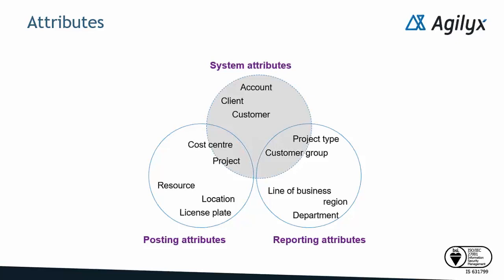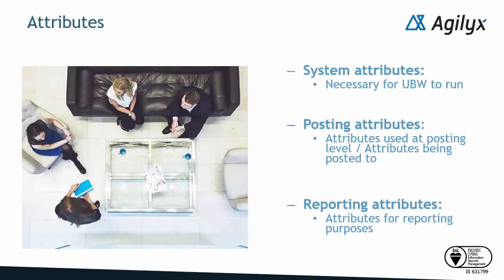So these overlap between each other. System attributes are necessary for the application to run. Posting attributes are something that you use at the transactional level, in the posting string, and reporting attributes are used for reporting purposes.